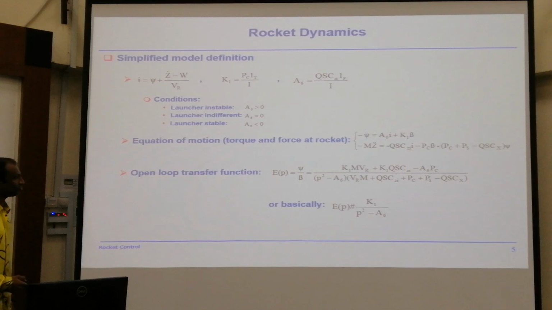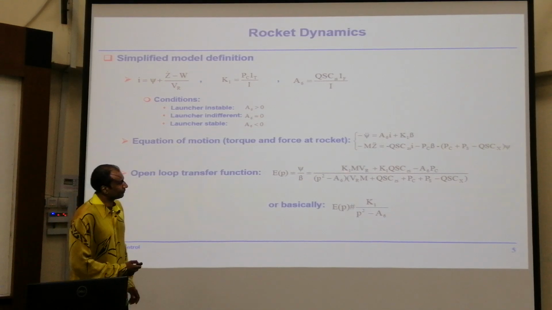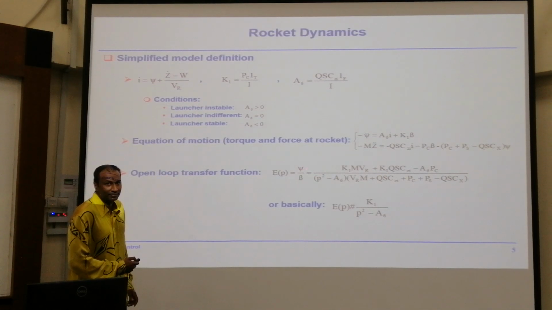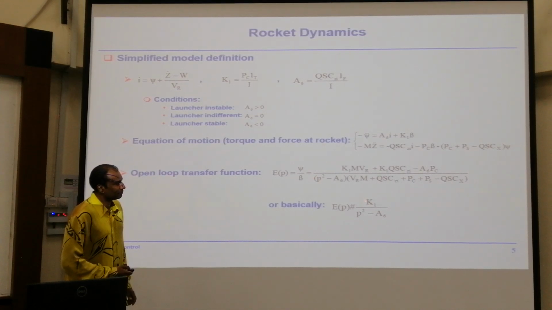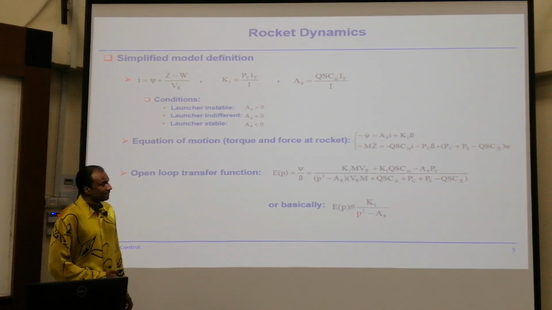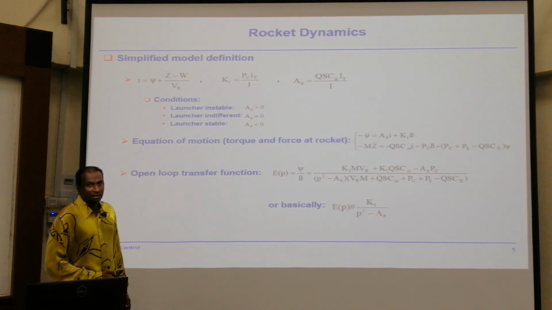Now, in order for me to ensure that the beta will respond well to the angle needed, I must ensure that this system is stable. P is again the Laplace operator, could be S squared also. In order for me to ensure the open loop stability, in order for me to ensure that this is stable, this has to be negative.